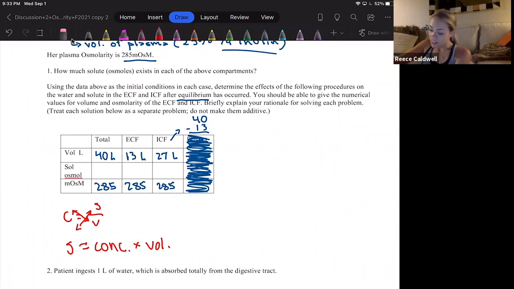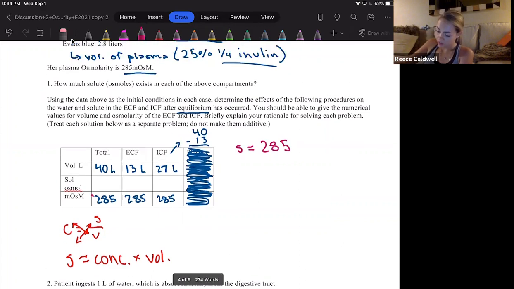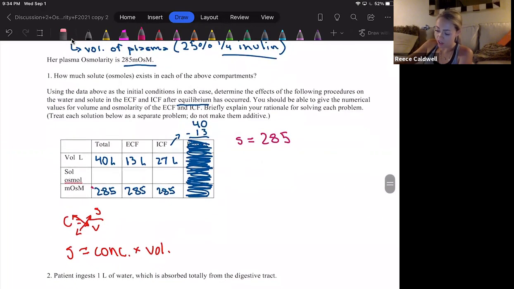We can first start with the total body. We will take our solute equals our concentration, which is 285. Before we do that, we're going to convert that 285 into osmoles, because we're in units of osmoles when solving for our solute.